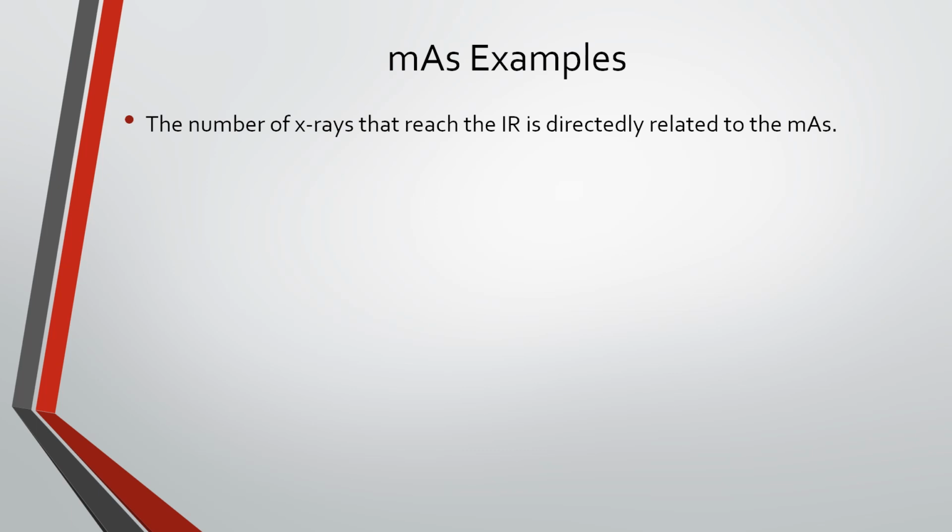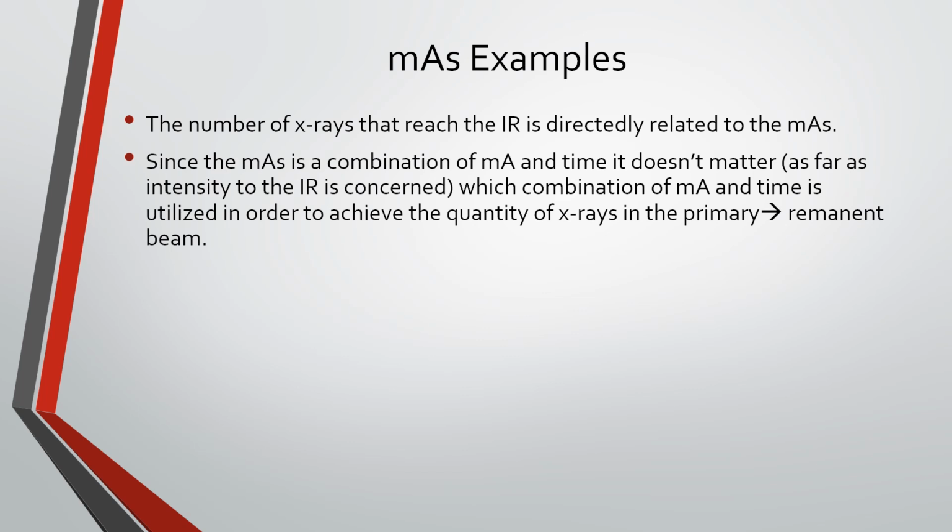So the number of X-rays that reach the IR is directly related to the mass. Since the mass is a combination of the MA and time, it doesn't matter as far as the intensity to the IR is concerned which combination of MA and time is utilized in order to achieve the quantity of X-rays in the primary into the remnant beam.